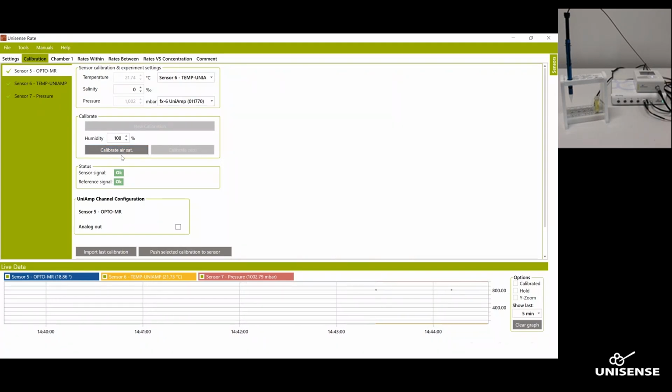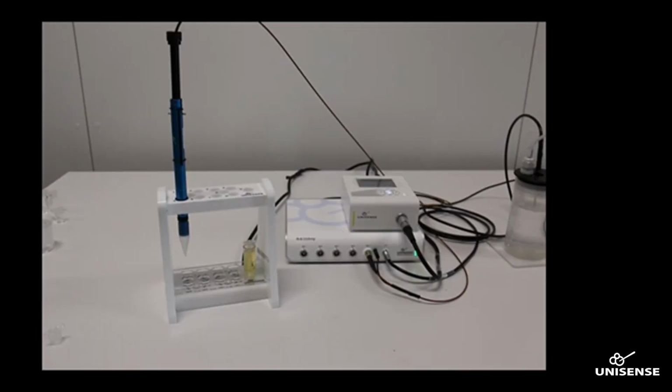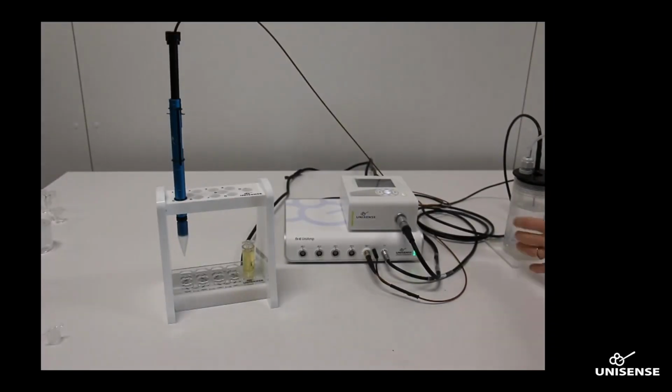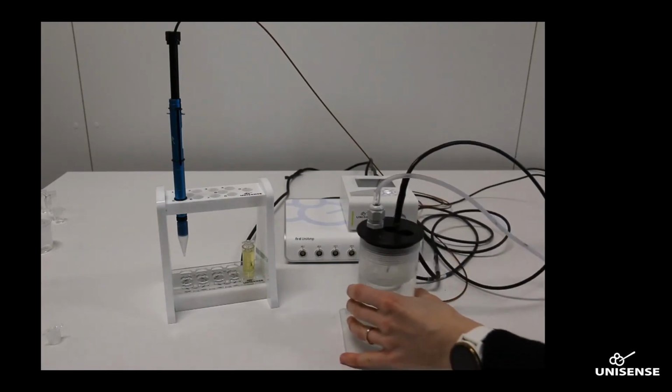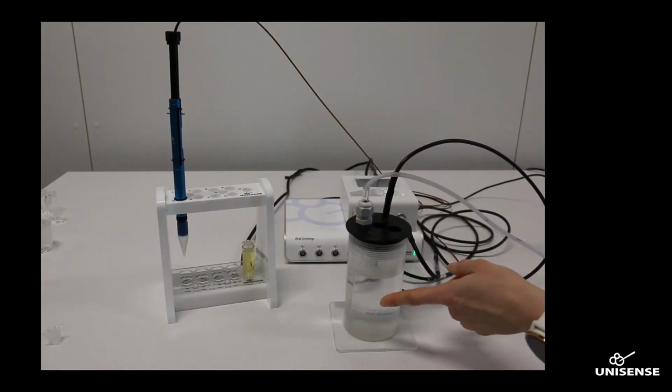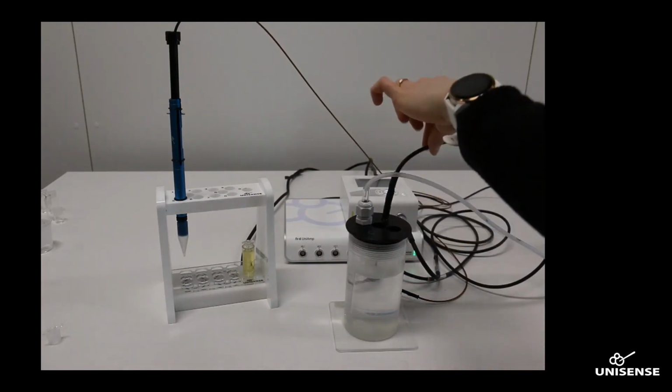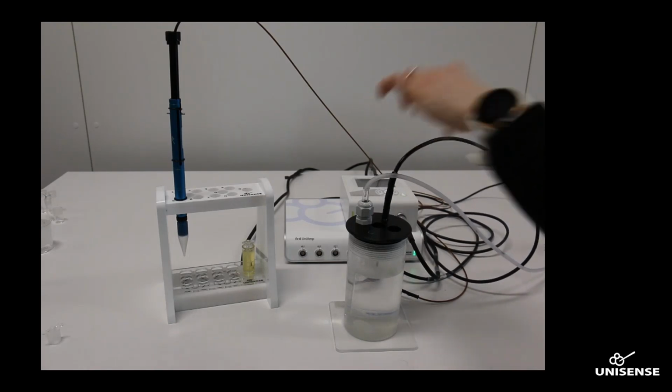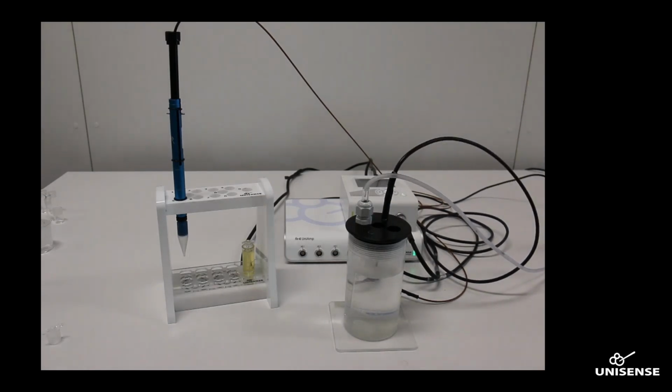So now I will move the sensor to an air-saturated solution. Yep. And we have the calibration chamber here, where I have bubbled the water with air. I have inserted the temperature sensor, and now I'll just move the optode as well.